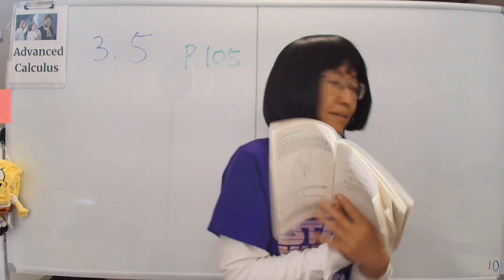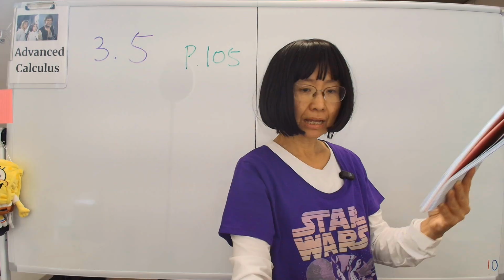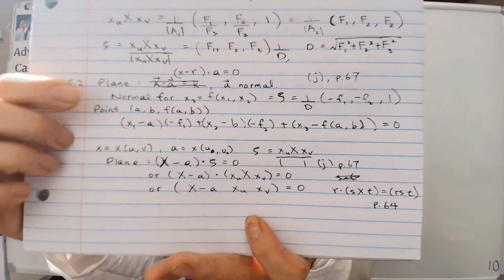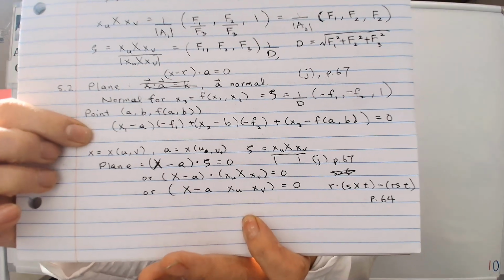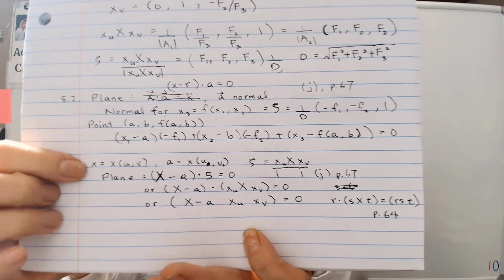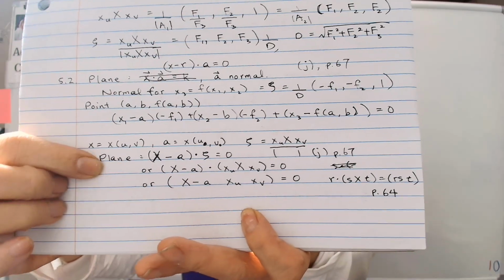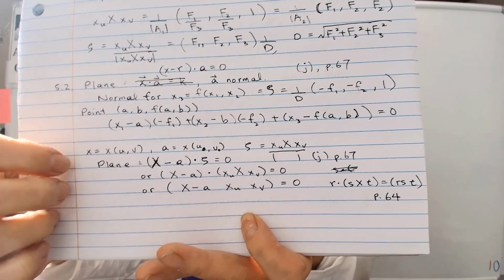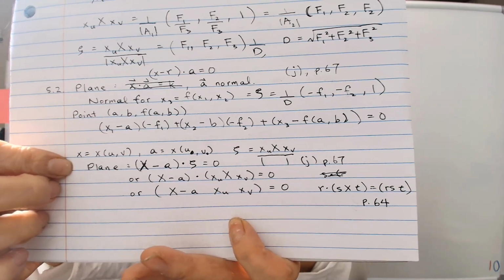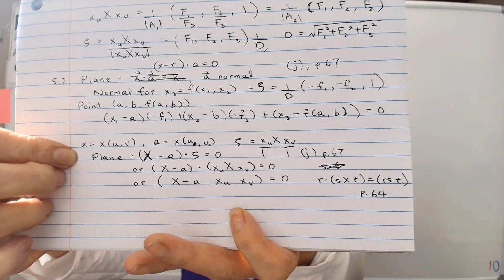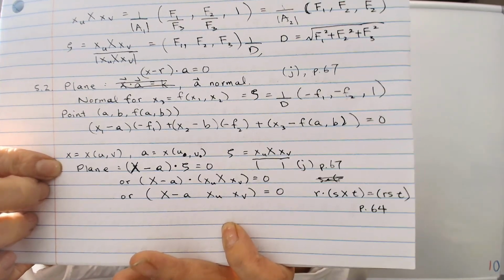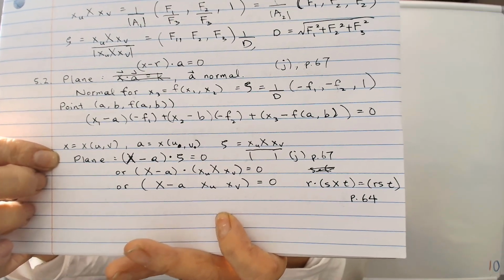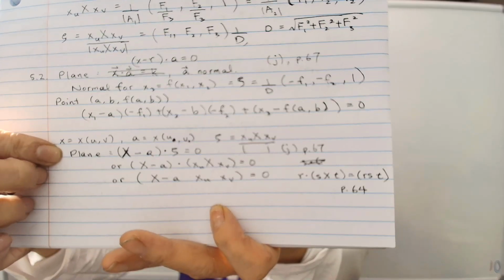Now, let me see if I wrote something. So I wrote down some quick notes on that. Okay, there are some notes from what I just mentioned. But anyway, to figure this out, we go by the definition, which is a plane is defined as (x - a), x minus some point a, or vector a, dot the normal of the plane equals 0, and that's the definition.